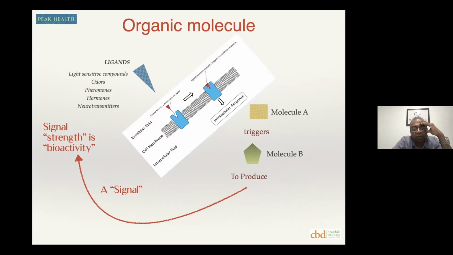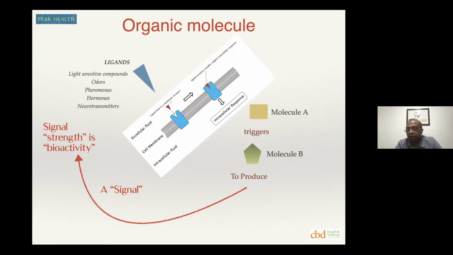So hormones, neurotransmitters, pheromones, all these things, right? They come in, and there is some sort of a receptor, and the molecule that comes in gives some sort of a signal to that receptor. And remember, this receptor is on the surface of a cell. Based on what the receptor on the surface of the cell is sensing, it has a trigger inside.